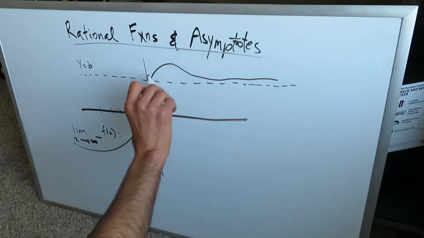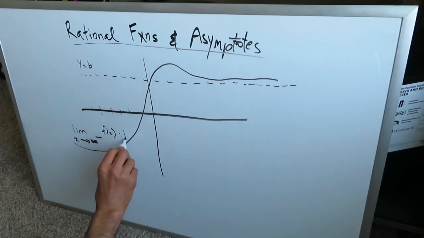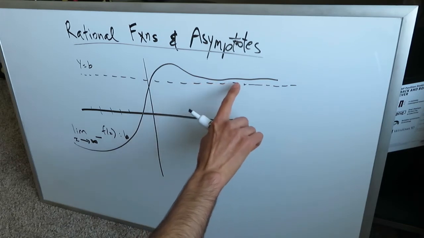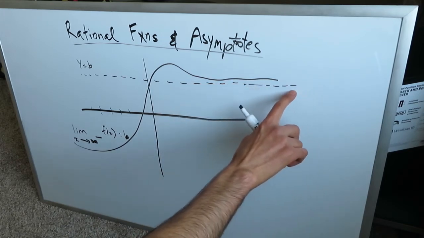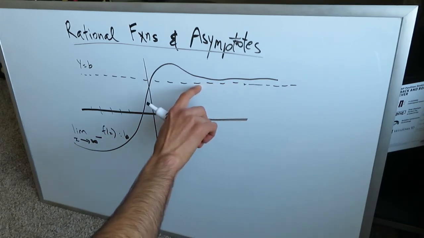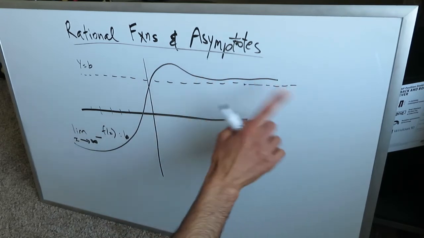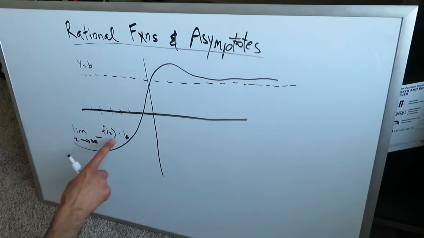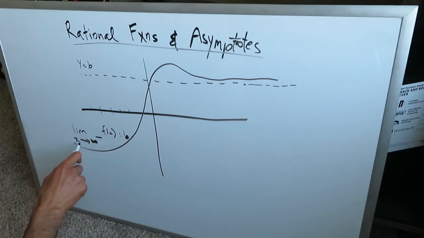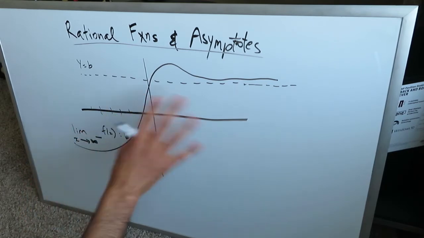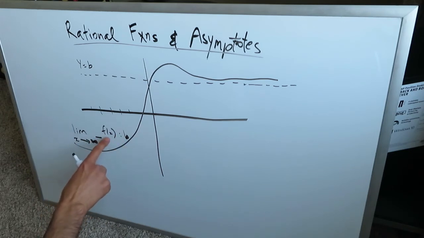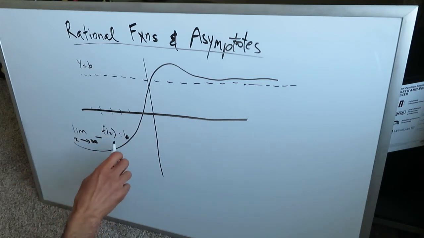It approaches b, because it tries to get as close as possible to this b line. Remember, y equals b. It tries to get as close as possible to this line, but it never reaches it. So for the horizontal asymptote, as you're approaching your x values towards the direction of positive or minus infinity, your function will always be approaching that asymptote, b in this case.